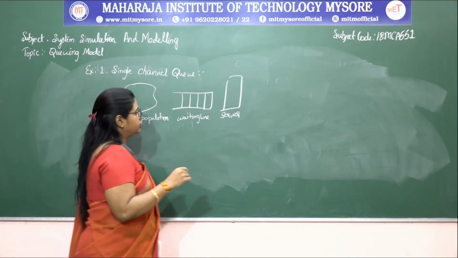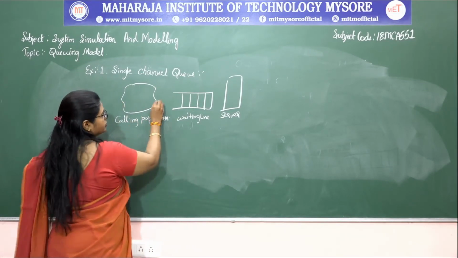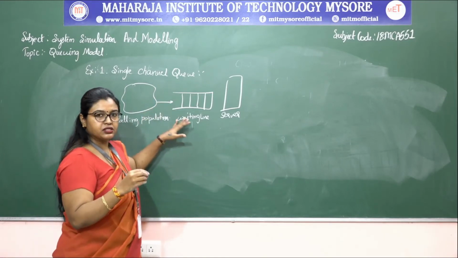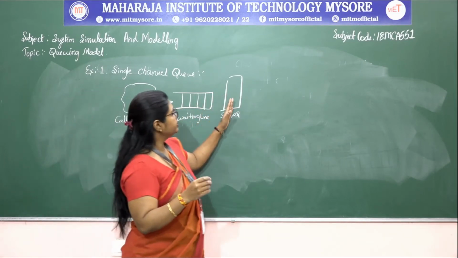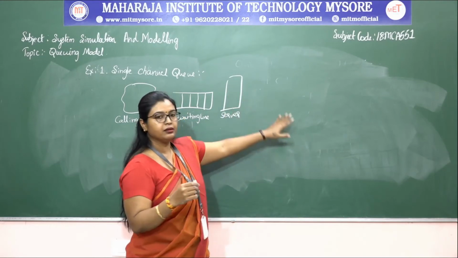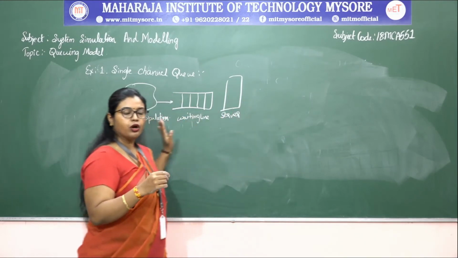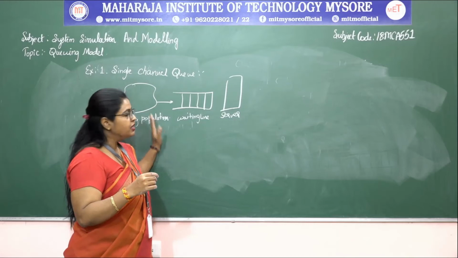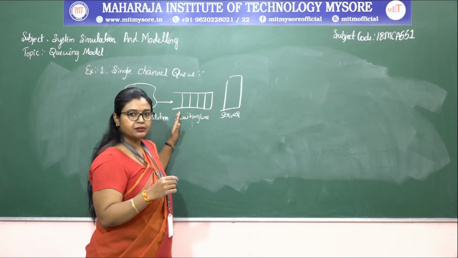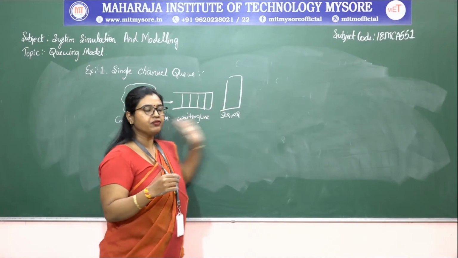The customer may enter into the system, and then he may take the service from the server and he may depart. So that is the kind of event occurring: arrival of the customer and then departure of the customer.